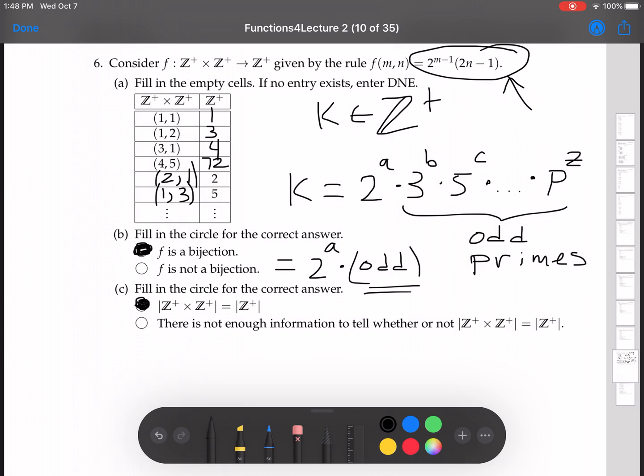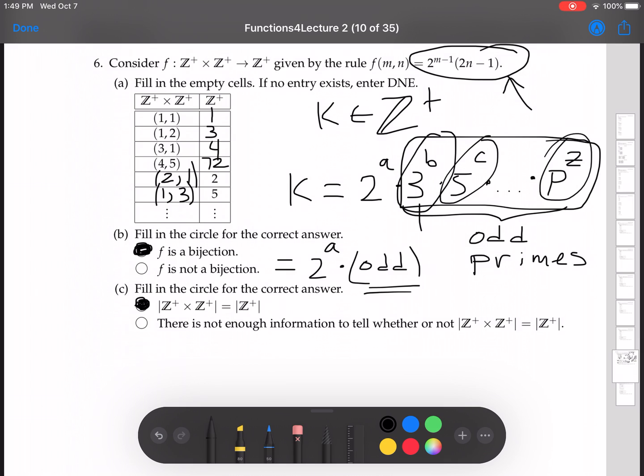Now, why can we get just an odd there? Okay, so remember that if you square an odd, you get an odd. Well, that's true of any power. So an odd to any power gives you an odd. So this is an odd here to a power is an odd. That's an odd. That's an odd. And when you multiply odds, you get an odd. So this is going to always be an odd number.